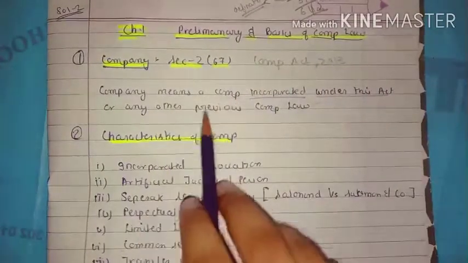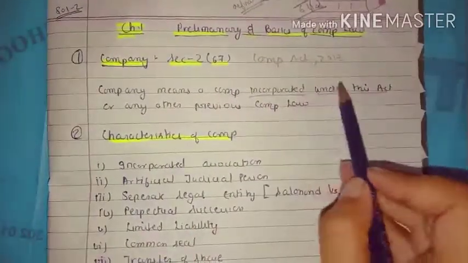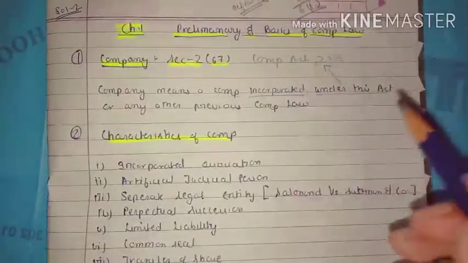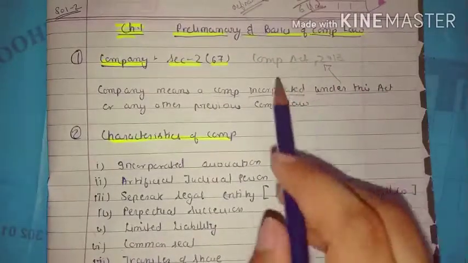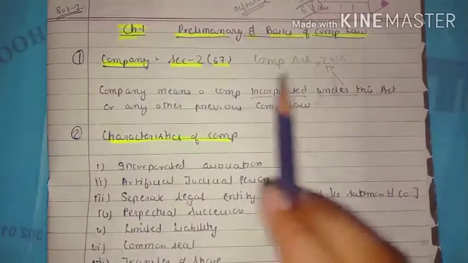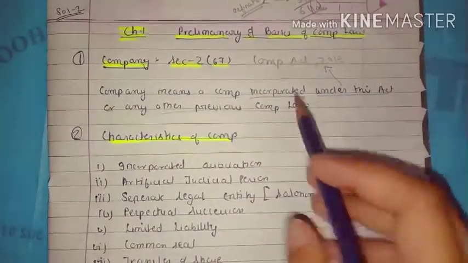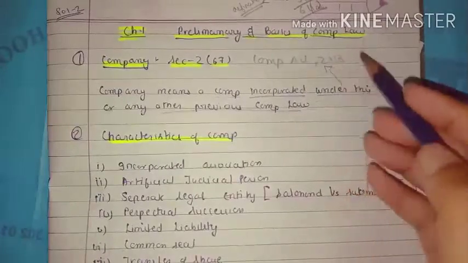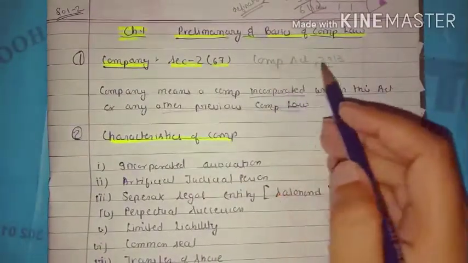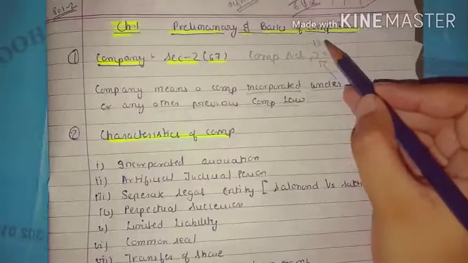So a company which is formed under the Companies Act 2013, that is, it is registered as per the provisions of the Companies Act 2013 or any other previous company law. That means before 2013 we had another company law, like the Companies Act 1958.